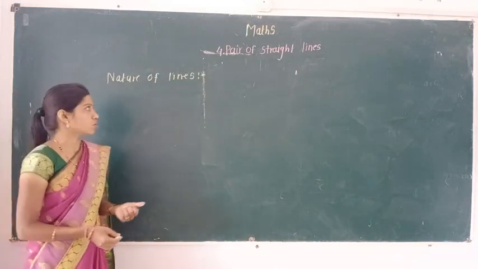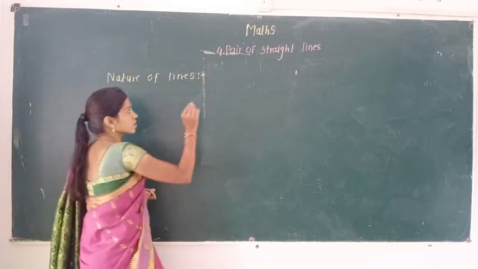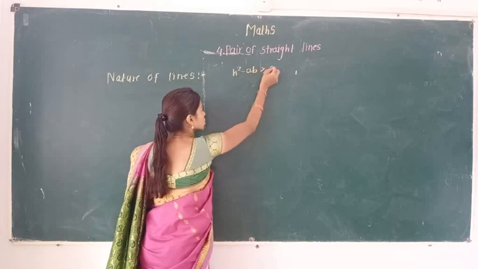They are passing through origin, and the given equation represents a pair of lines after satisfying the condition h square minus ab is greater than or equal to 0.